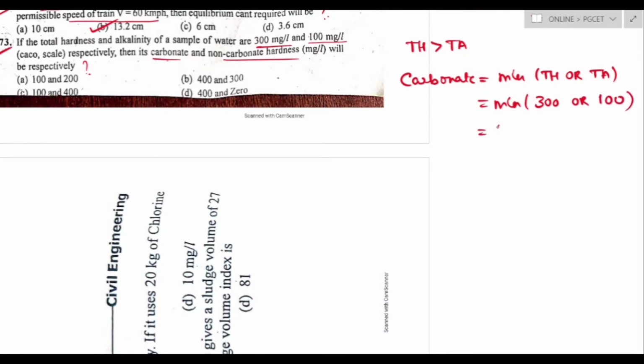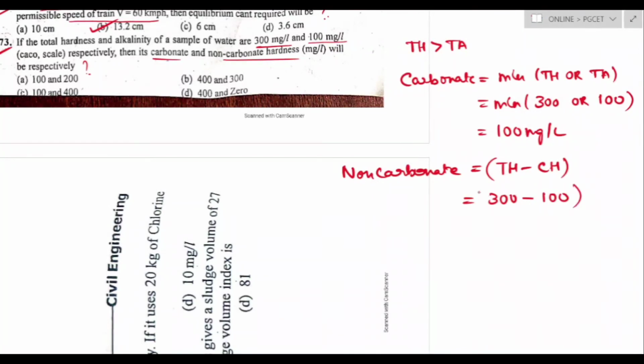So carbonate hardness will be 100 mg per liter and non-carbonate hardness is equal to total hardness minus carbonate hardness. That is 300 mg per liter minus 100 mg per liter, so the non-carbonate hardness is 200 mg per liter. So the respective carbonate and non-carbonate hardness is 100 mg per liter and 200 mg per liter. So option A is the right answer.